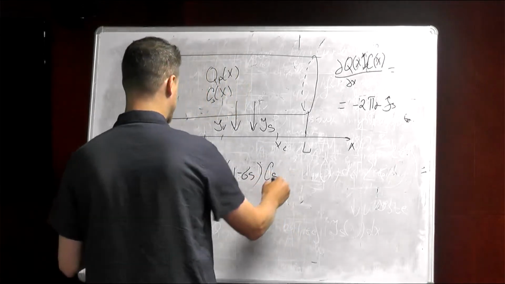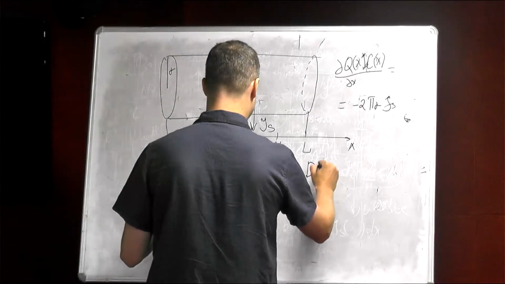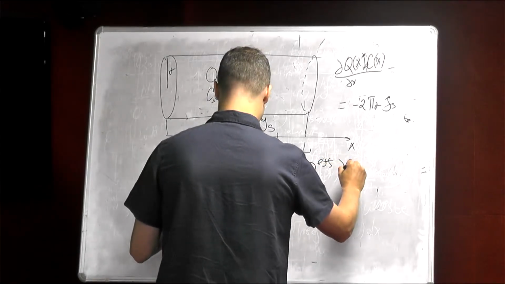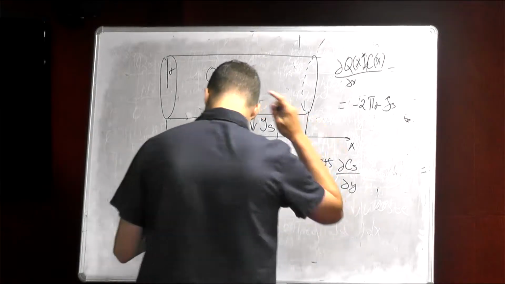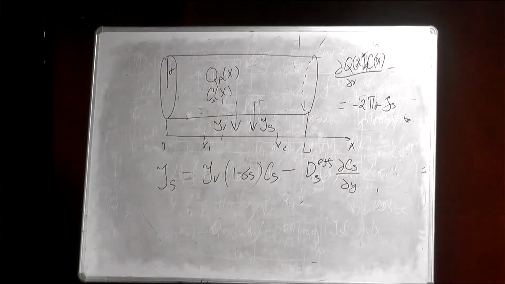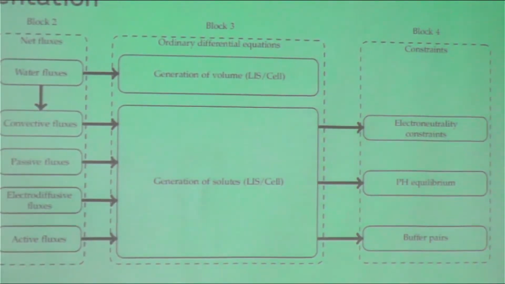That's an absolute value of concentration, and there is an effective diffusion coefficient for a specific solute. So when we talk about the modeling of the solute transport and water flux, we are talking about processes that can be described by ordinary differential equations.